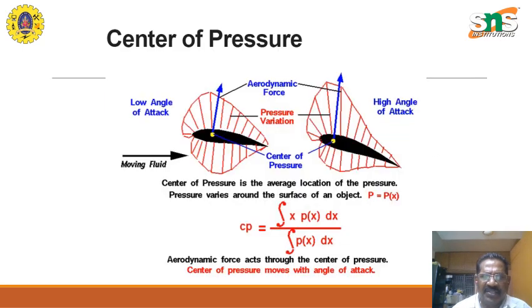For the center of pressure, here we see the different pressures depicted over the surface of the aerofoil, and the moving fluid is here. There is an aerodynamic force. The center of pressure is the average location of the pressure, and the pressure varies around the surface of the object. Aerodynamic force acts through the center of pressure.